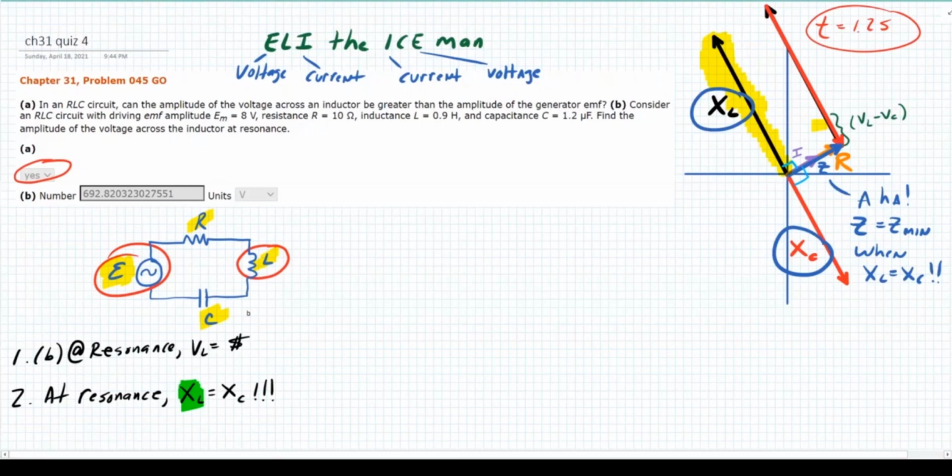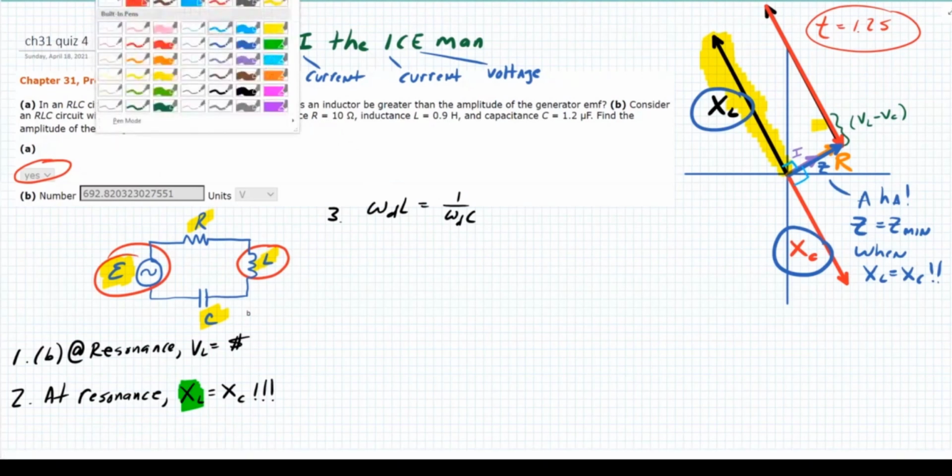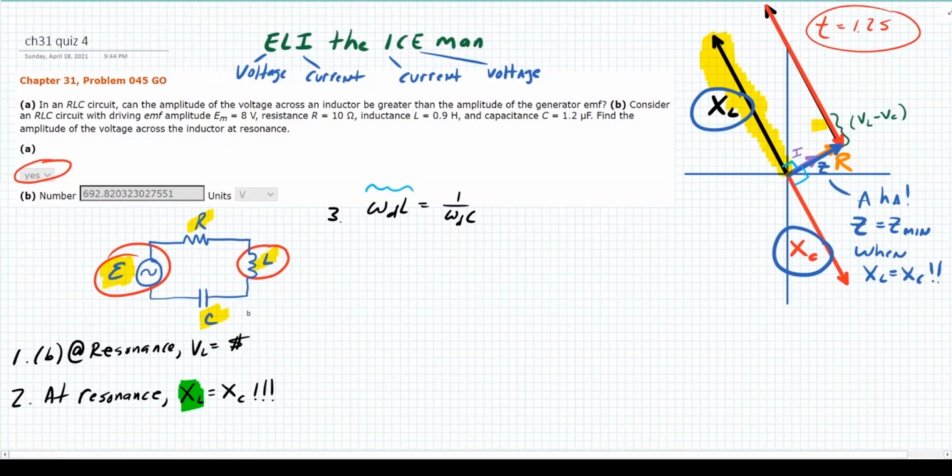So number 3: XL, which is omega D times L, equals XC, which is 1 over omega D times C. Let me be repetitive. XL is the driving frequency times the inductance, and this is X sub C. Okay, I think I'm making my point here.